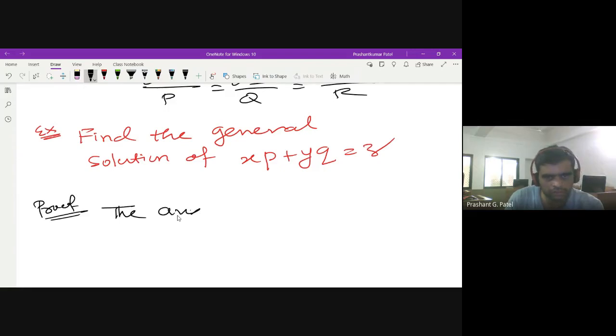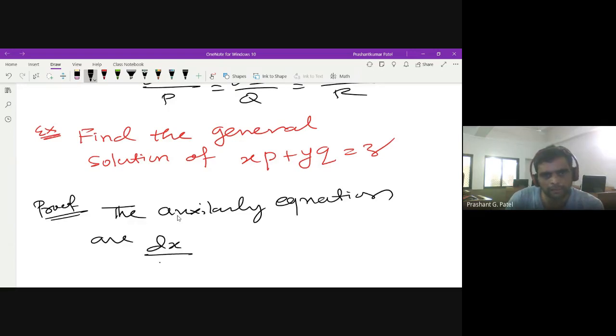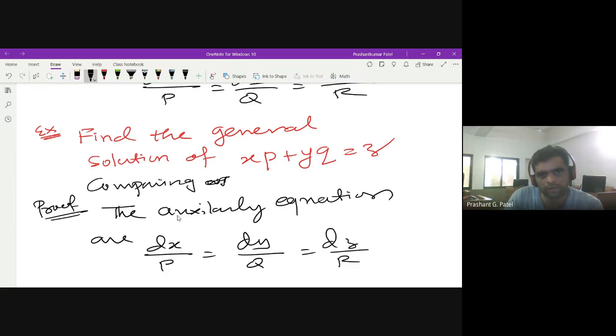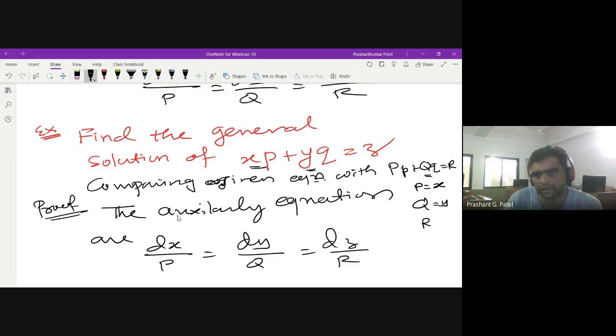The auxiliary equations are dx upon P equal to dy upon Q equal to dz upon R. So if I compare this equation with the given equation, capital P into small p plus capital Q into small q equal to R, we will have P equal to x, Q equal to y, and R equal to z.